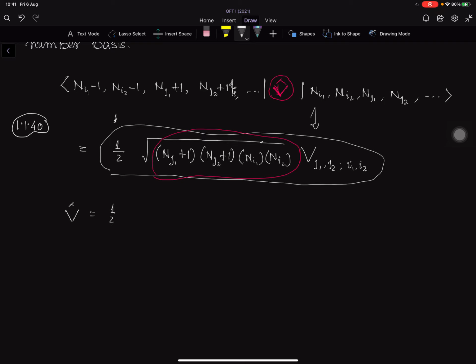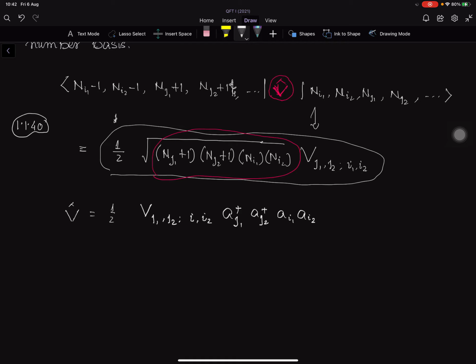If I1, I2, J1, J2 are not fixed, then the computation will not be different. There will be just one extra summation. So this thing turns out to be this operator.